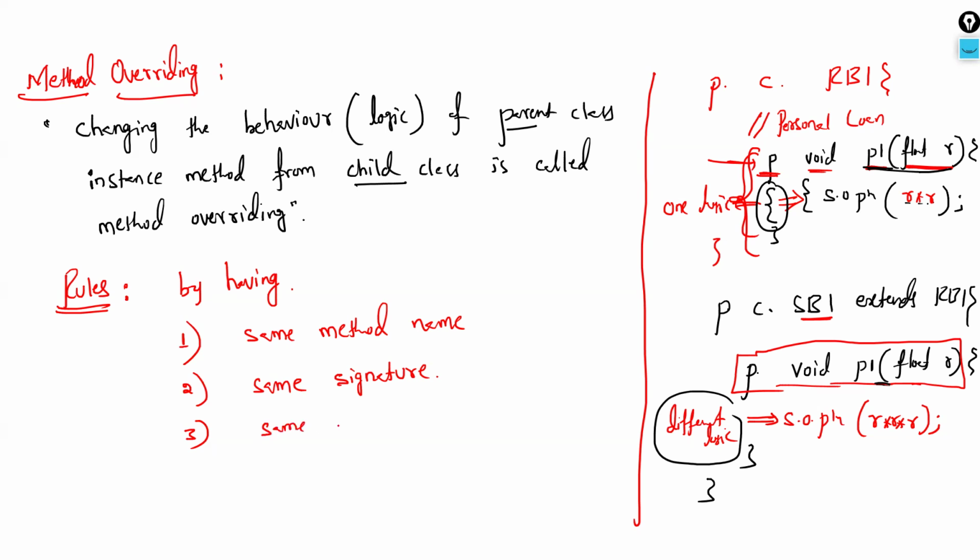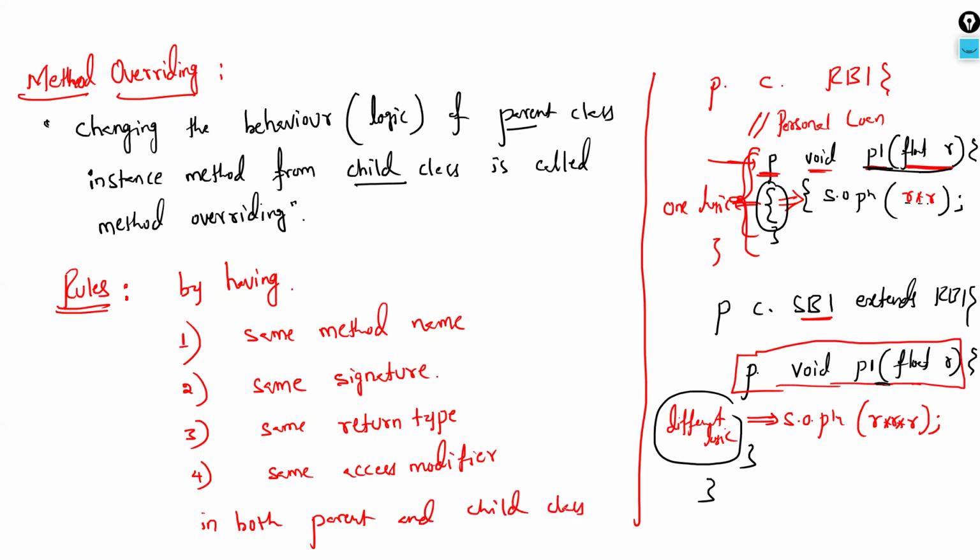Same return type only. Then same access modifier or different access modifier? Same access modifier. So by having same method name, same signature, same return type, same access modifier in both parent and child classes, this is called the method overriding concept.